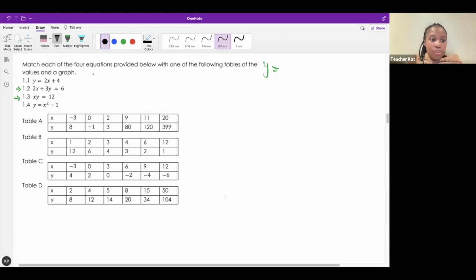Let's start with 1.2. I'm going to do this on the side. 1.2 says 2x plus 3y equals 6. I want y to be on its own. So what am I going to do with this 2x? If I want y to be alone, what will I do with the 2x that's next to it?